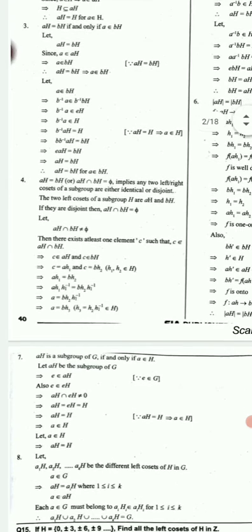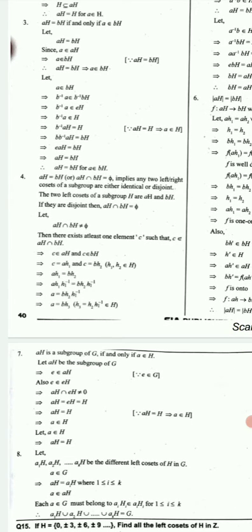Right, next the seventh property. Let aH be a subgroup of G if and only if a belongs to H. Simple. aH is a subgroup of G if and only if a belongs to H. That implies let aH be the subgroup of G. That implies e belongs to aH, also e belongs to eH.